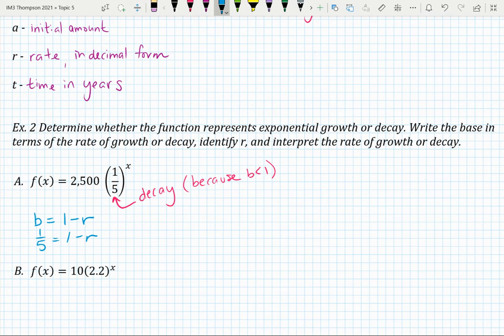Doesn't really matter. So if I add r and I subtract 1/5, I get r is equal to 1 minus 1/5, which leaves me with 4/5.